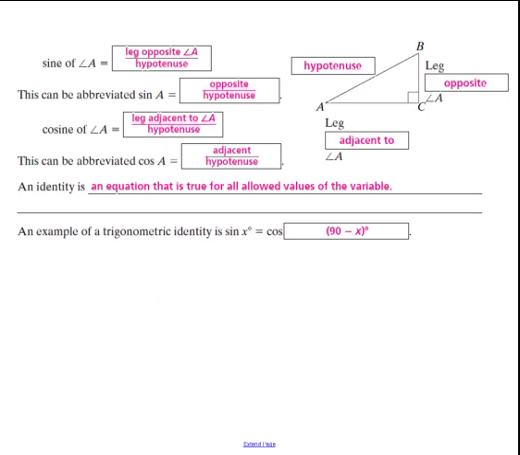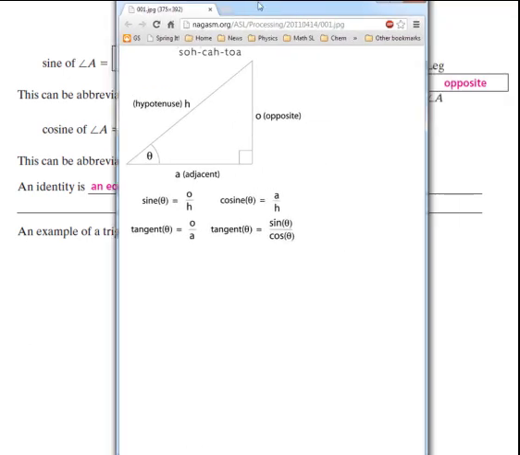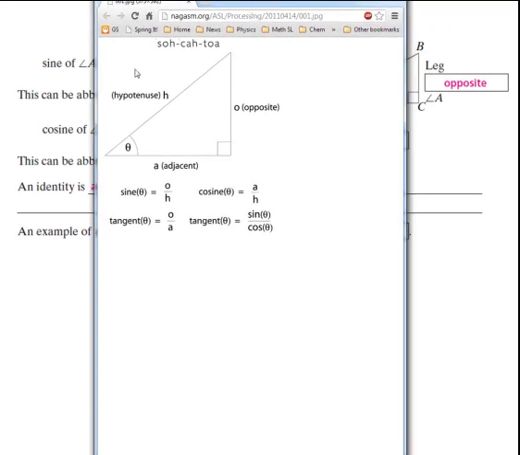Now, I did want to bring up, at this point, we have our three major trigonometric functions that we're going to learn, and there is an easier way for remembering, and this has been taught for years and years and years. I learned it when I was in school, this idea of SOHCAHTOA, and you may have heard this before.